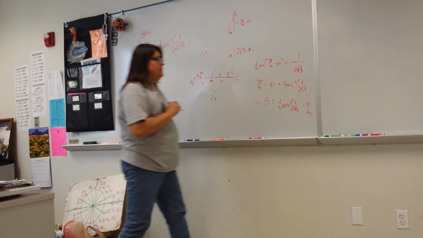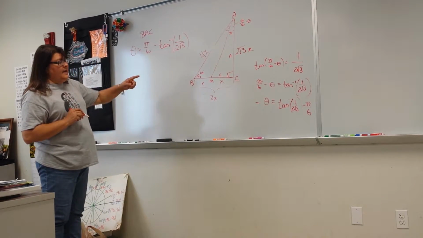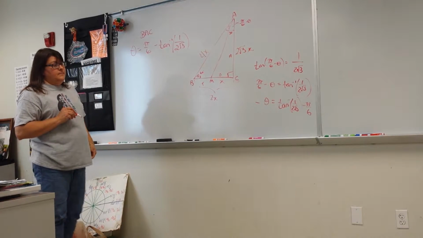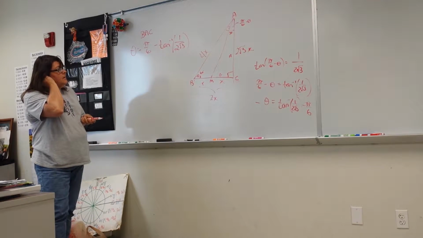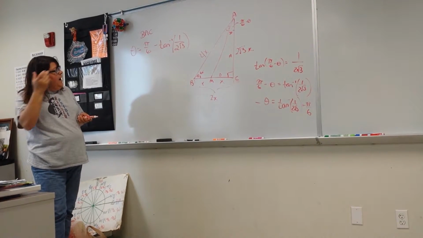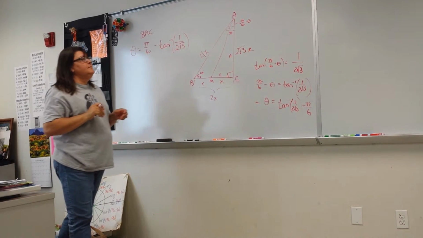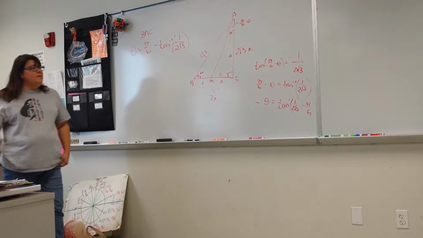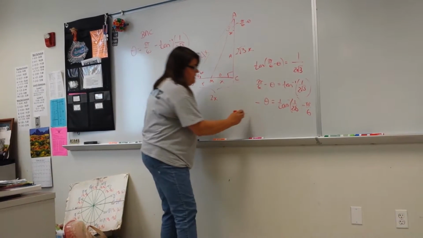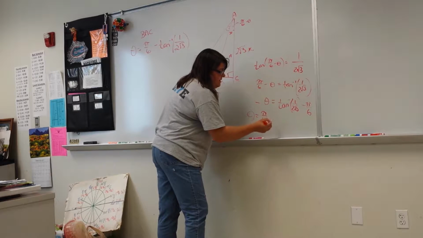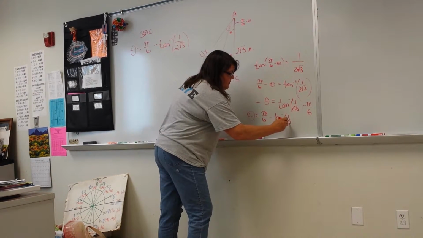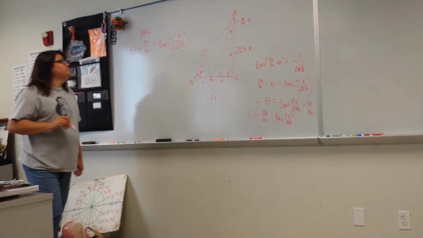Actually, negative theta, and if I negate it all, it becomes this thing right here. Doesn't one of your pi over 6s cancel, because you got two pi over 6s? So theta is equal to pi over 6 minus tan to the negative 1 of 1 over 2 square root of 3. And what about the other pi over 6?